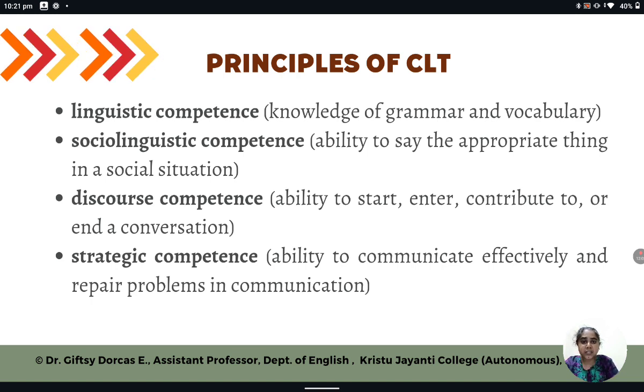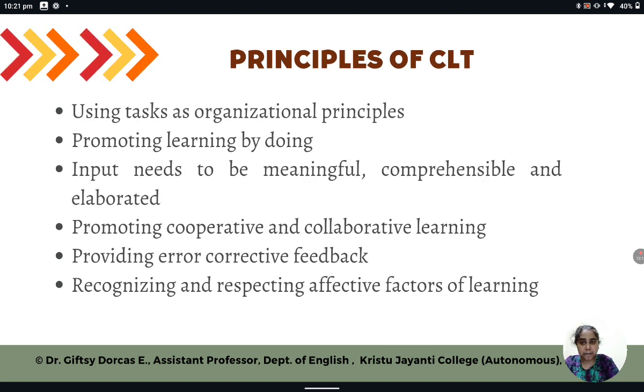So the principles of CLT included linguistic competence, socio-linguistic competence, discourse competence, and strategic competence. So all these were the principles of CLT. Also, using tasks as an organizational principle was part of it, and providing error corrective feedback was another principle under CLT, and it also promoted collaborative and cooperative learning.